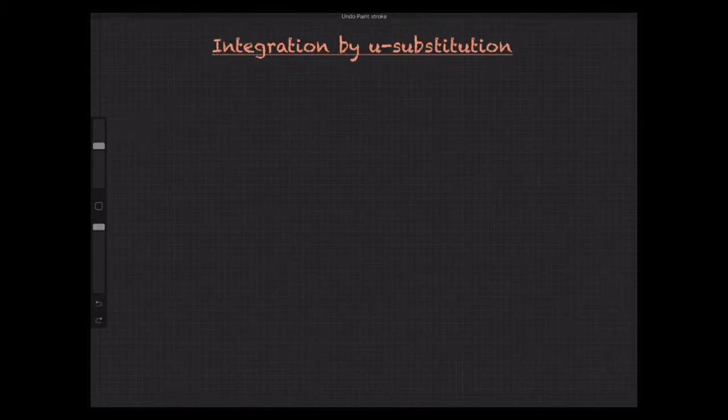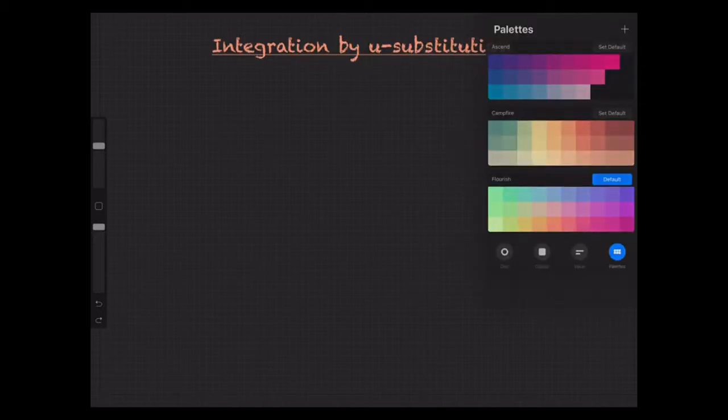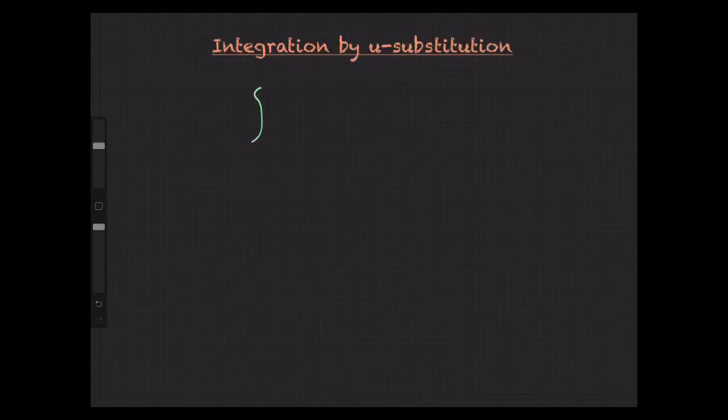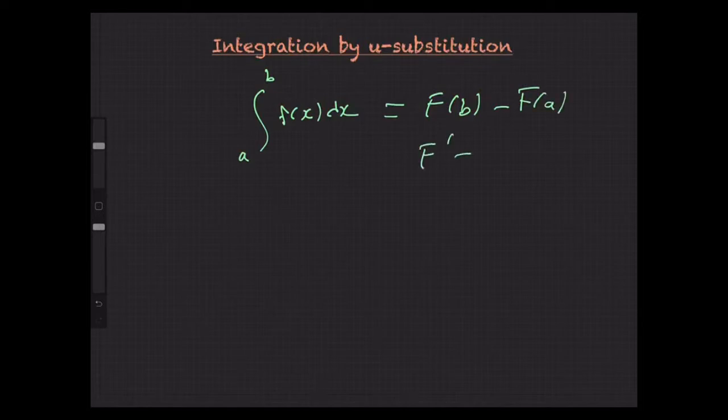But nevertheless, we're going to forge ahead and talk about integration by u-substitution. So, okay. In the last video, we talked about the fundamental theorem of calculus. If I want to look at the integral from a to b of f of x dx, so the area under the curve of our nice continuous function f from a to b, this is actually going to be capital F of b minus capital F of a, where capital F is any antiderivative of little f.